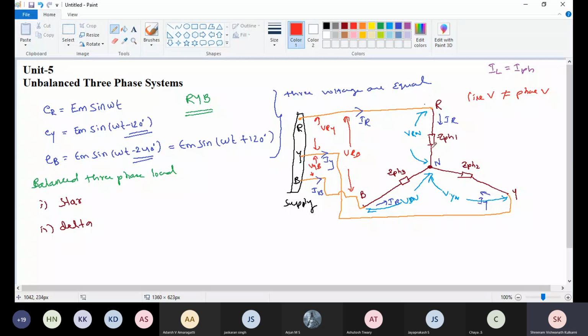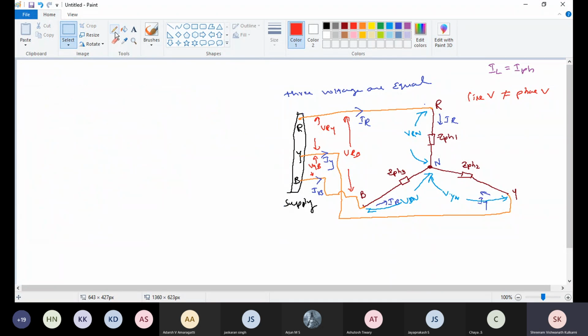Correct? Now, the same load I can connect in delta. So here, if I connect that in delta, these are my three phases.